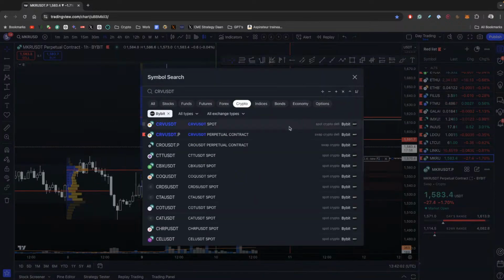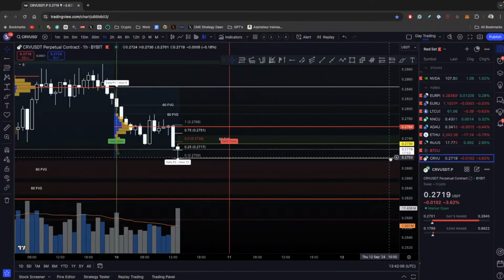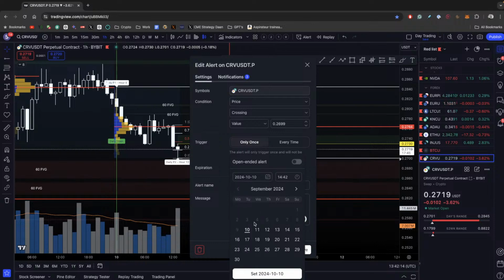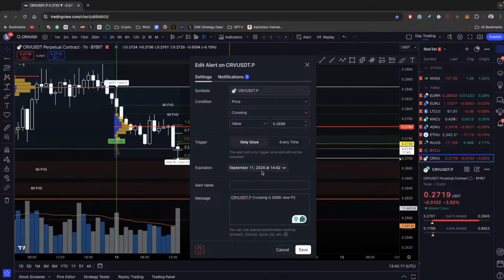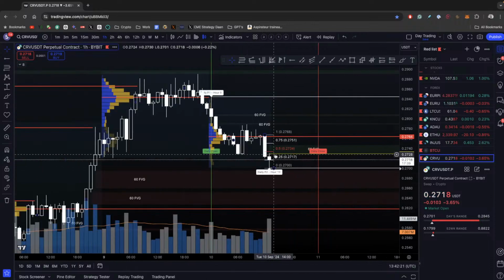And we also had CRV. So everything we found so far is pointing down, right? CRV also here. New P2. Set the deadline for tomorrow, because if it happens after that, then it didn't play out and I'm no longer interested.